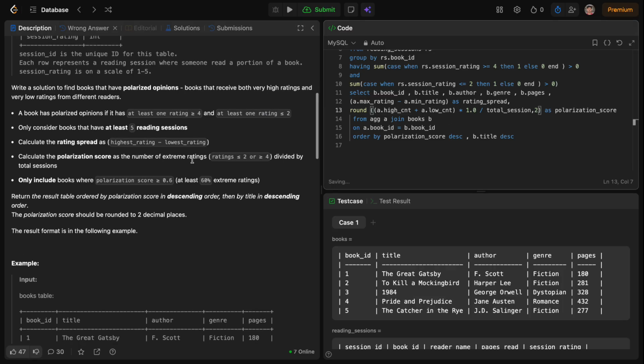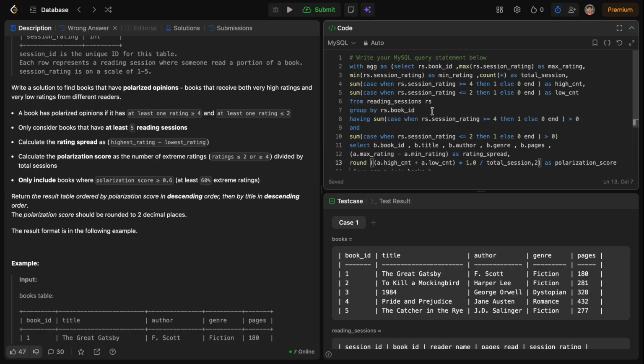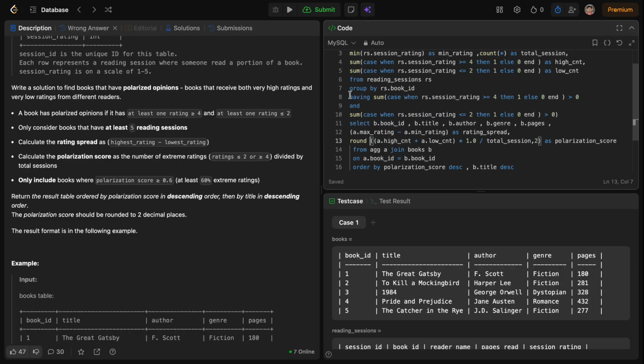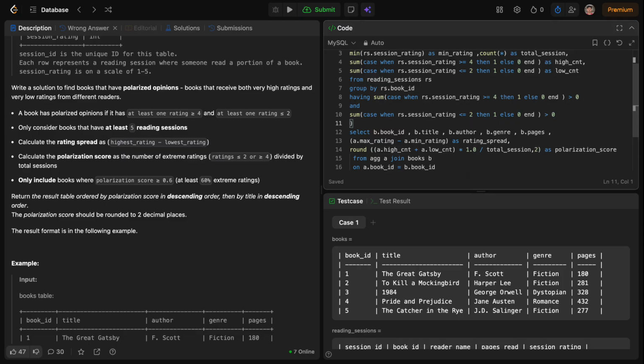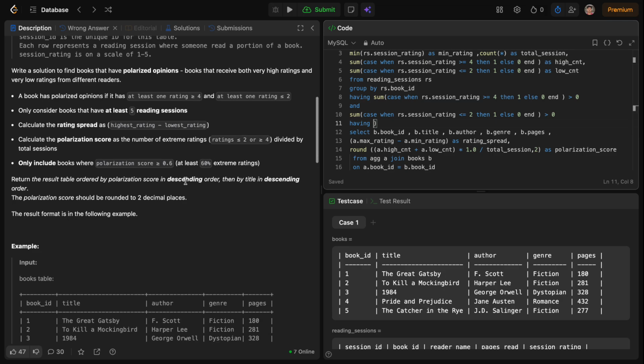And only consider books having at least 5 reading sessions. So from here, some CASE, SELECT, okay, here HAVING the count asterisk should be greater than 5.